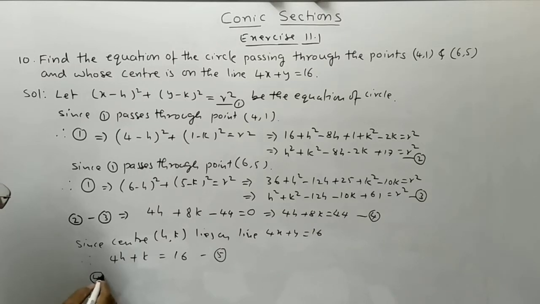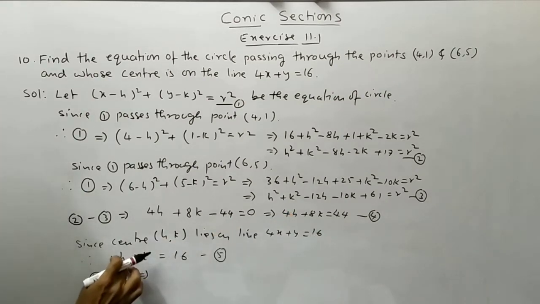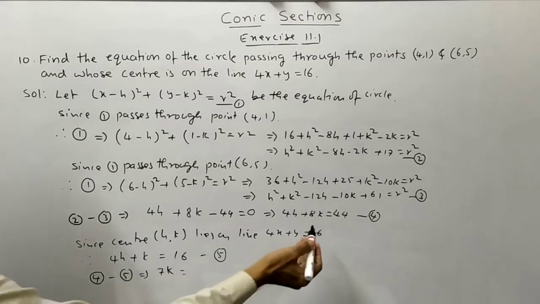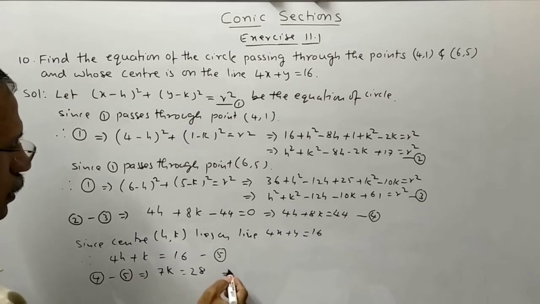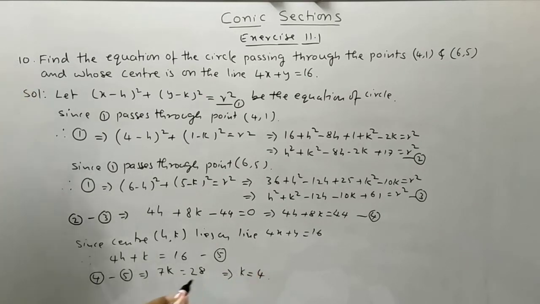Equation 4 minus 5 implies 4h minus 4h will get cancelled. 8k minus k, that is 7k, is equal to 44 minus 16, that is 28. This implies k = 4.